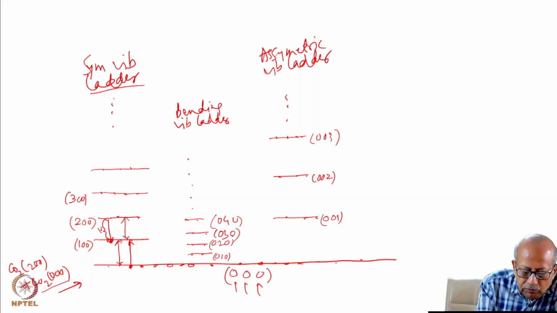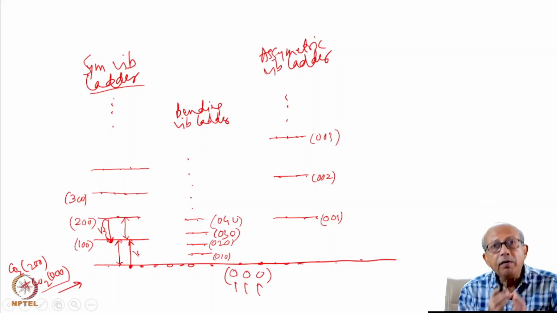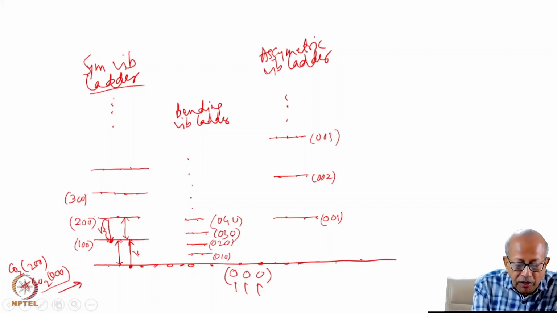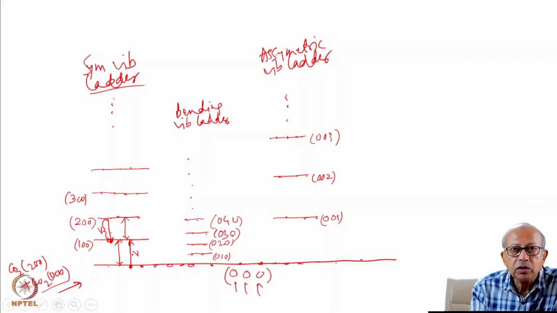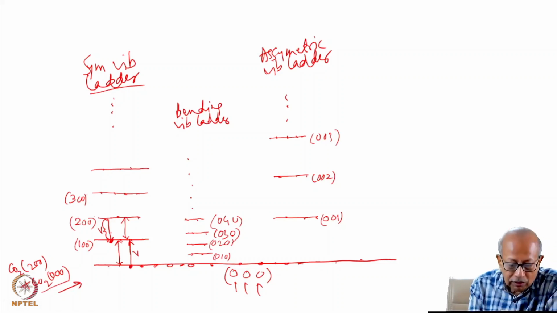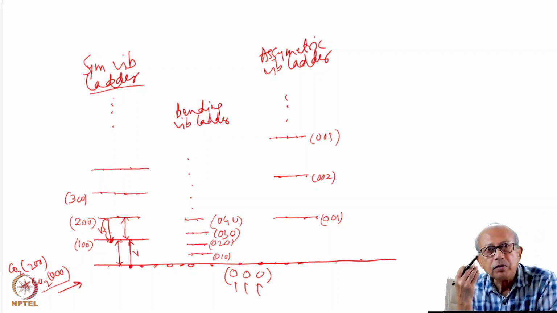This is possible because this energy and this energy are the same. So it is resonant vibrational energy transfer. The energy which it releases, this molecule absorbs. And because the energy doesn't change form, such collisions are absolutely efficient.